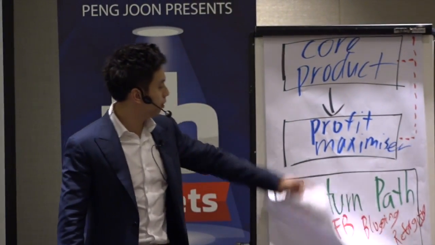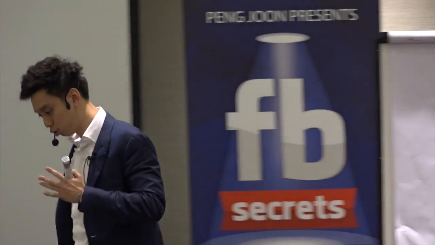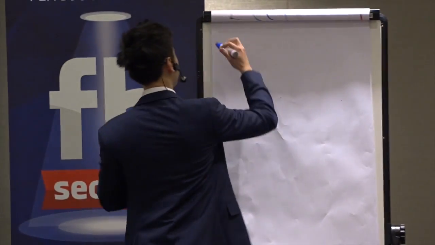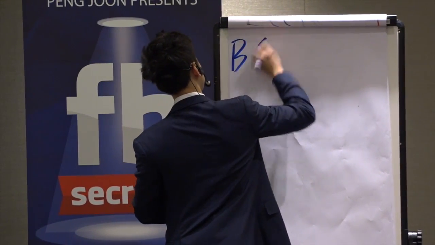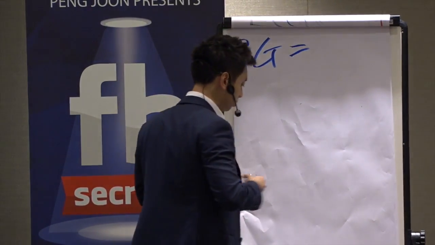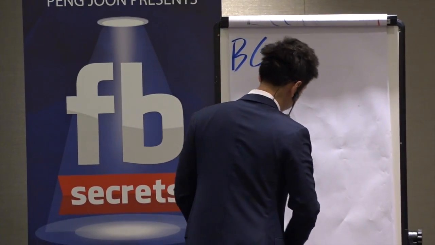So in other words, if you really think about it, the way to expand your business and to grow your business comes in these three main ways. In order to grow your business, it comes down to three main things.